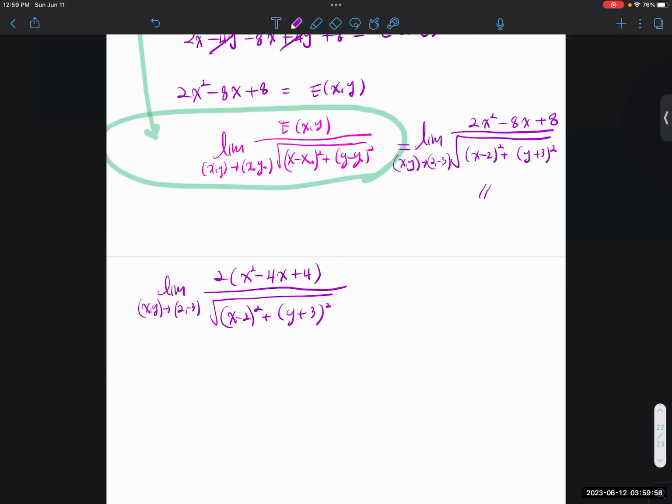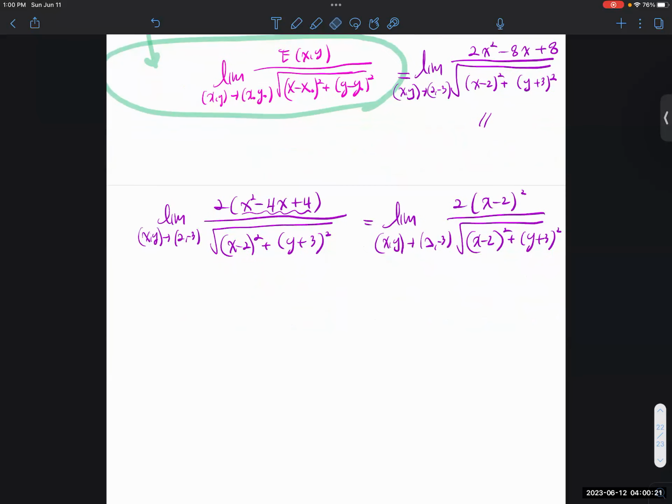So what are you guys going to do? I'm going to simplify the limit as (x, y), hang in there, goes to (2, negative 3). This is going to be (x minus 2) to the square, and then I have (x minus 2) squared plus (y plus 3) squared. So I just want to know whether this is 0 or not. Right? This is your error, correct?